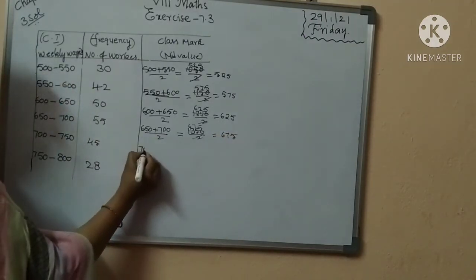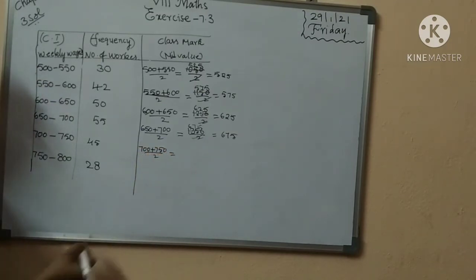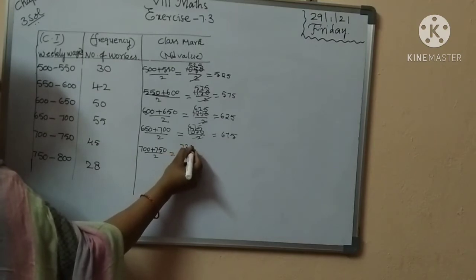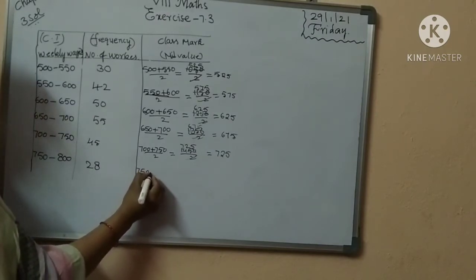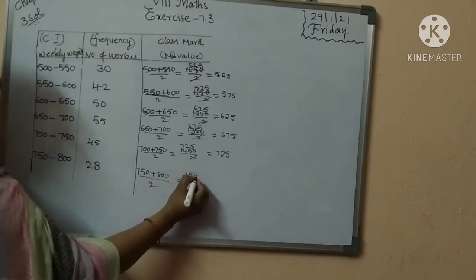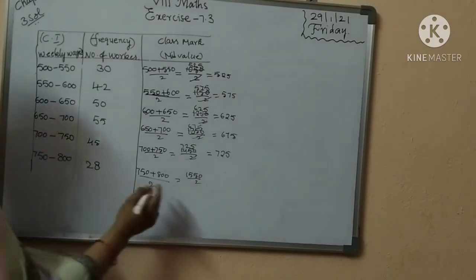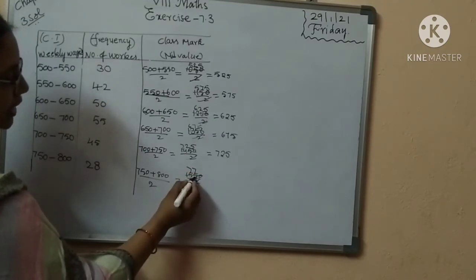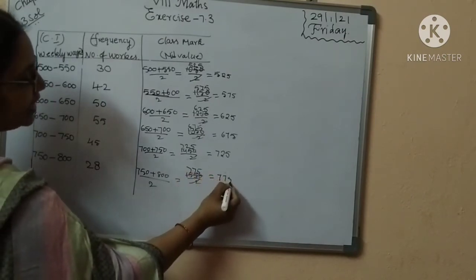Okay, next, 700 plus 750 by 2 is 1450 by 2, which is 725. And finally, 750 plus 800 by 2 is 1550 by 2. 7 2s are 14, 1 5 is 15, again 7 2s are 14, 15 minus 14 is 1, 1 0 is 10, 5 2s are 10, equal to 775.